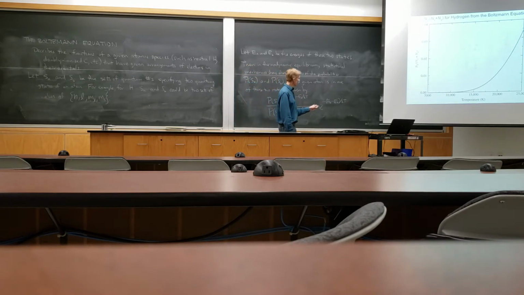So as the energy difference grows, the probability of seeing it in the upper state compared to the lower state decreases exponentially. If you double E_B minus E_A, that does a lot more than cut the probability in half because of this exponential. And a term of this form is called a Boltzmann factor.